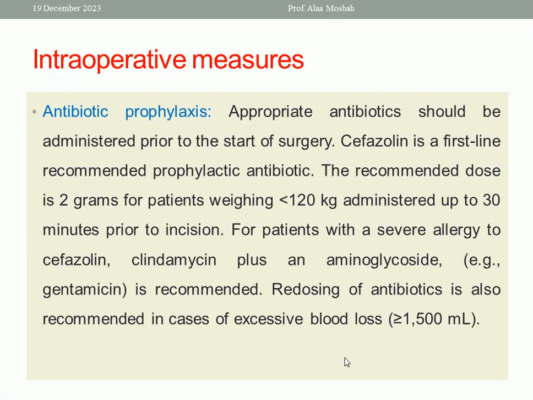Okay, what if the patient has an allergy to cefazolin, you can give clindamycin plus an aminoglycoside like gentamicin. Also, there are alternative antibiotics used in prophylaxis to reduce risk of surgical site infection. This is for example.